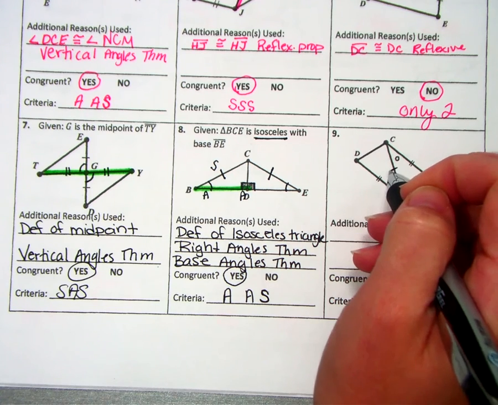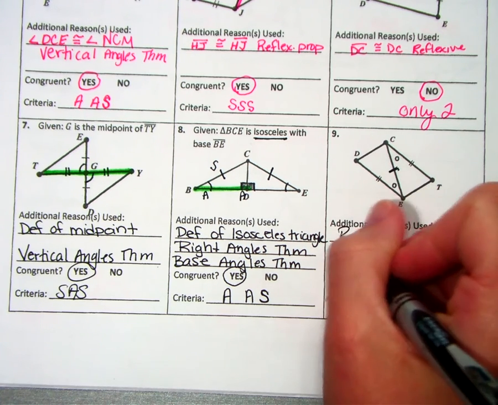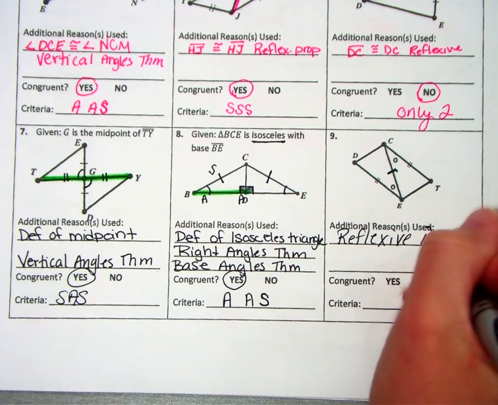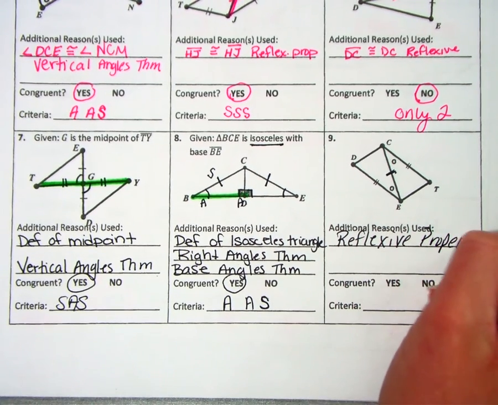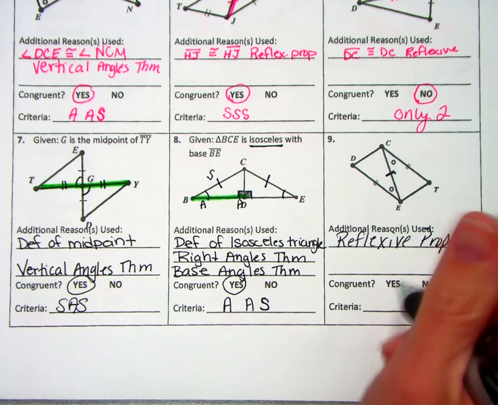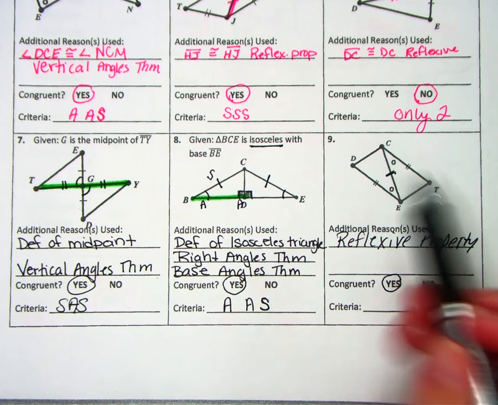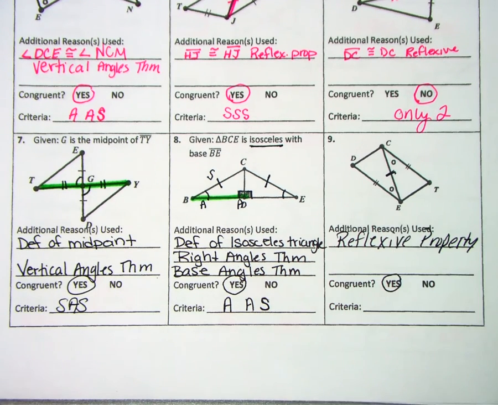So this side right here that they share in common can be marked as reflexive. My triangles would be congruent just with that one marking, and I would have side, angle, side.